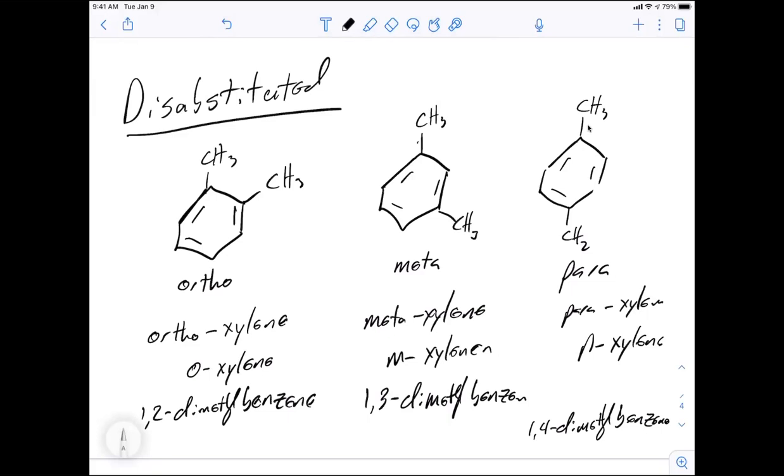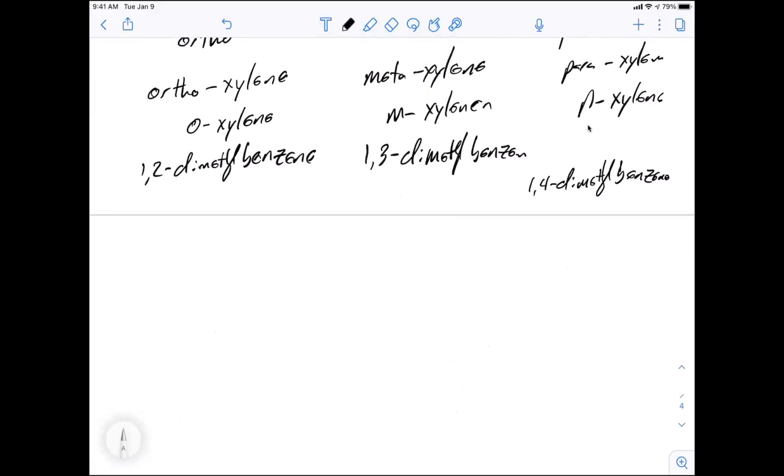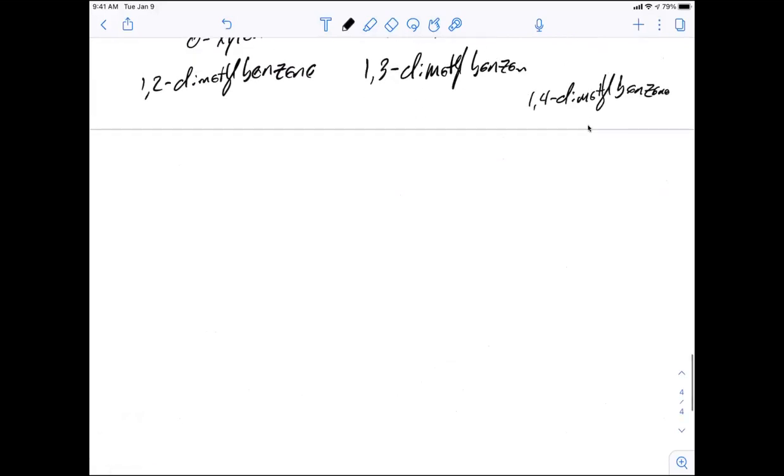Okay, so let's name a few to see if we can name these correctly. We're going to find a parent name, and then we're going to use the meta. And then I'd like you to go ahead and use the benzene as the parent name and the second one with the number. So we're going to get 2 names for each one of these.